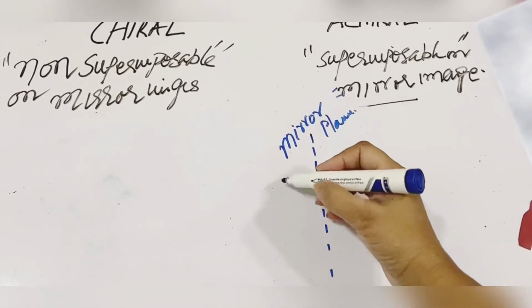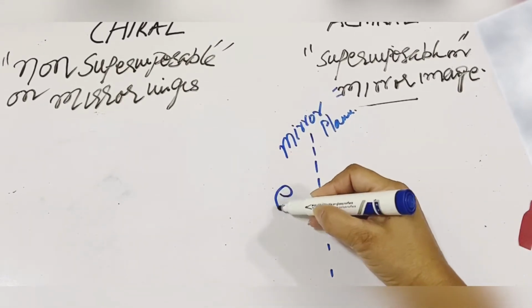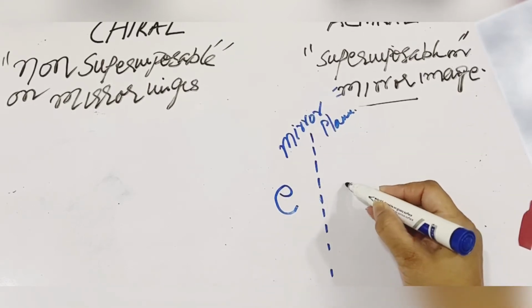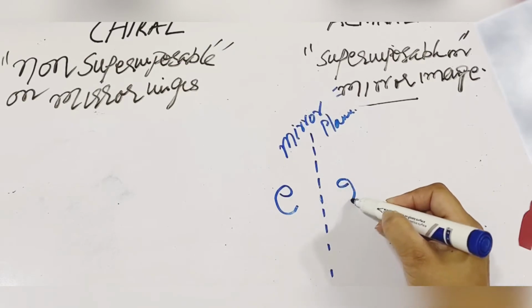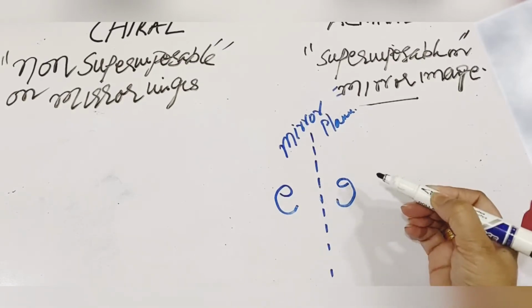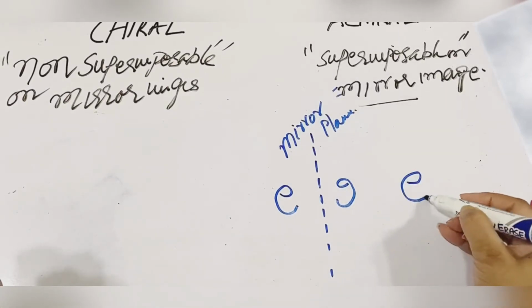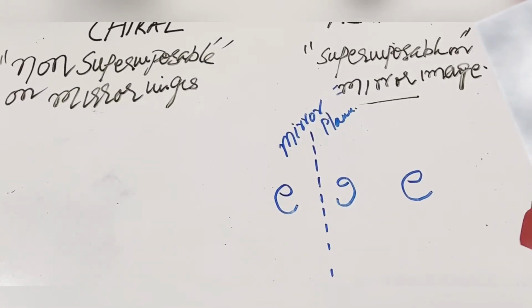And they were coinciding. Whereas the alphabet E, let's draw E. What would be its image in the mirror? It would be like this. So when you superimpose them, they would be like this.